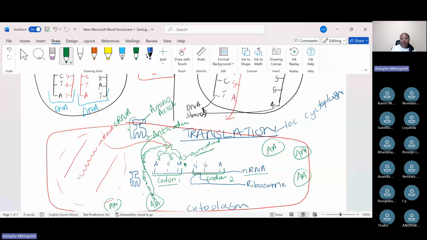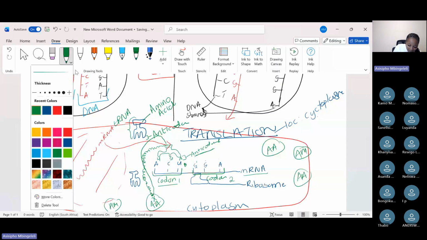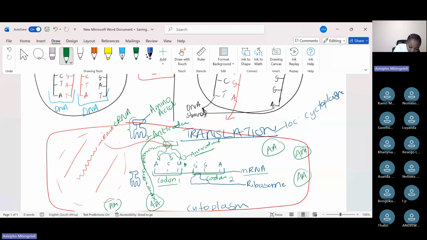That's why I said that a transfer RNA doesn't carry just any amino acid. It will become specific. So amino acid X is the one that is brought to the ribosome. There it is. I'm trying to change my color because it's becoming all green now. Okay. This is amino acid X.